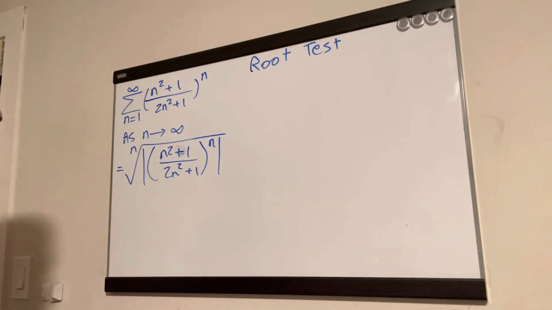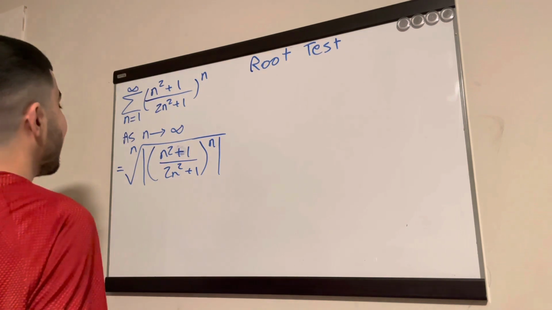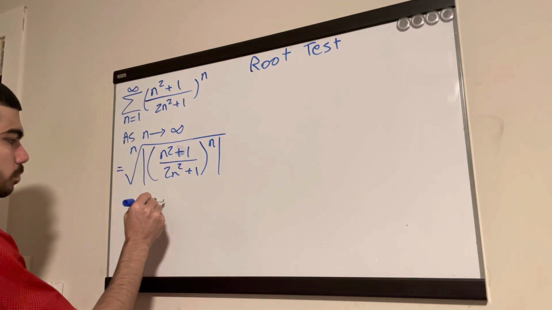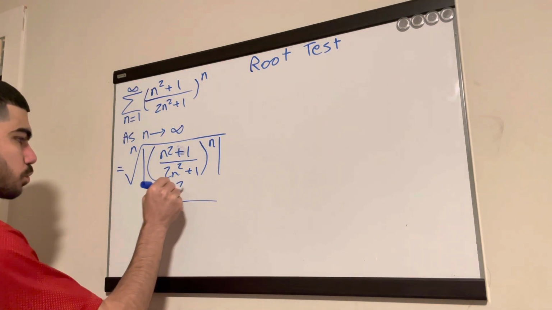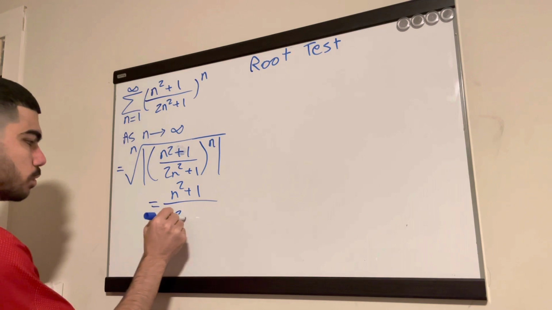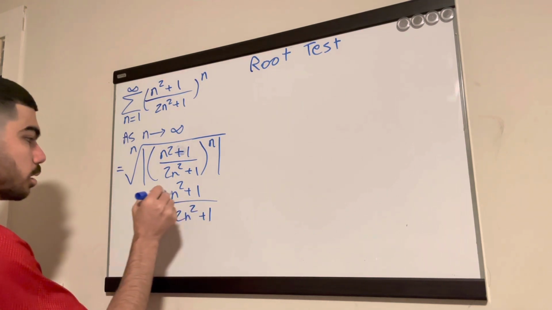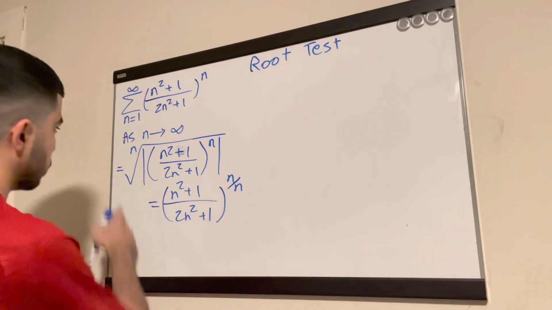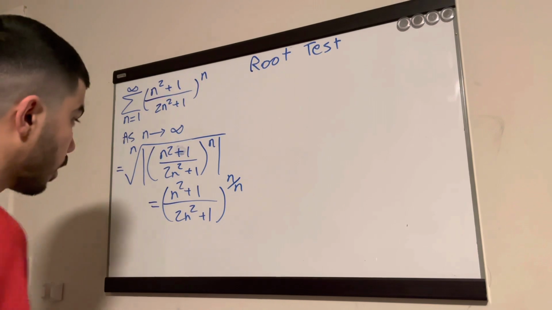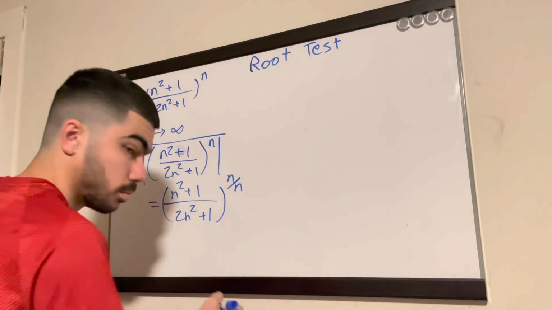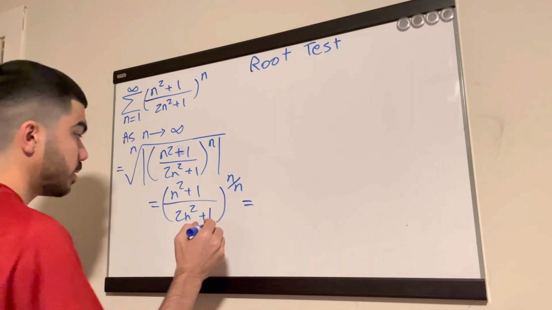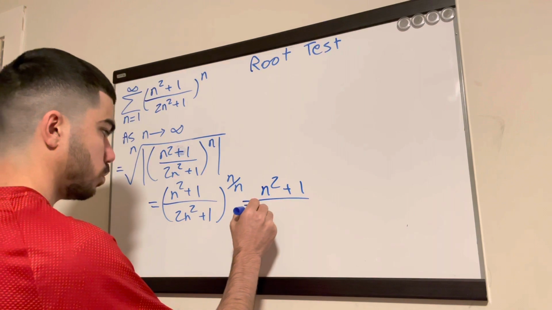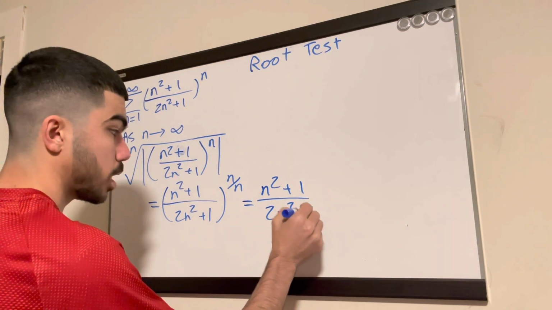It's going to be small. So this equals ((n squared plus 1) over (2n squared plus 1)) all to the power of n over n, which equals the power 1. So basically we have (n squared plus 1) over (2n squared plus 1).